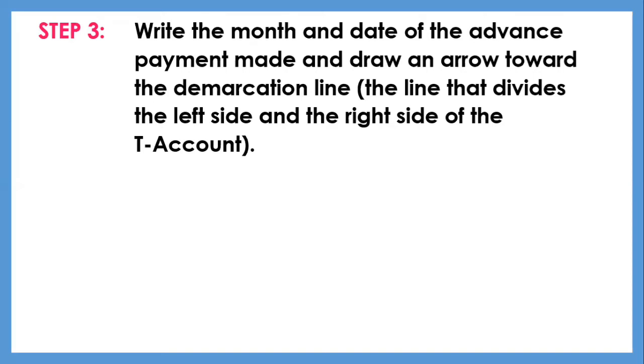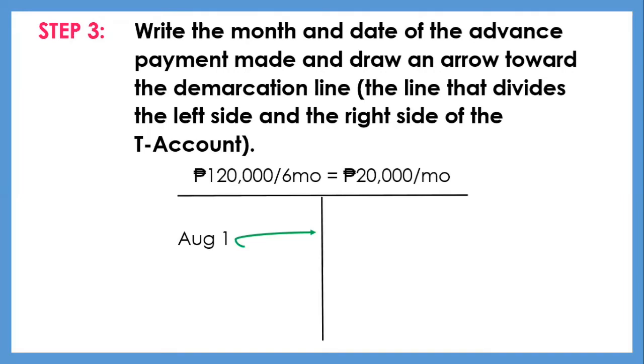Remember that our transaction date is August 1st. From August 1st, we need to draw an arrow going to our demarcation line, the one that divides the left and the right side. That is how step number 3 looks like.